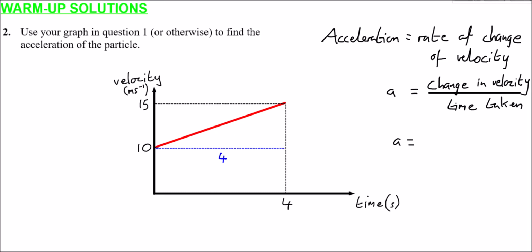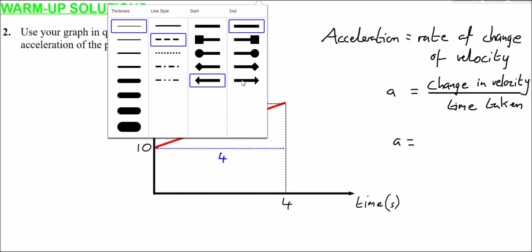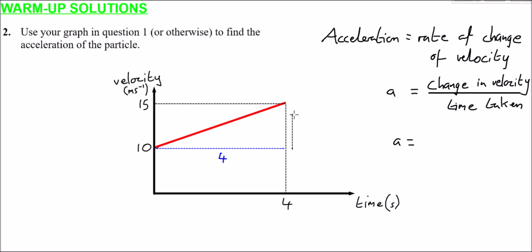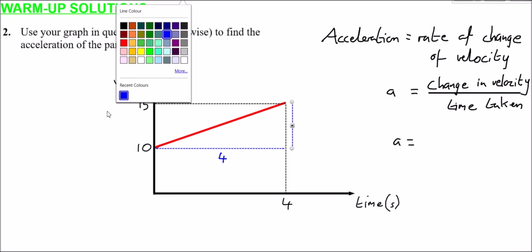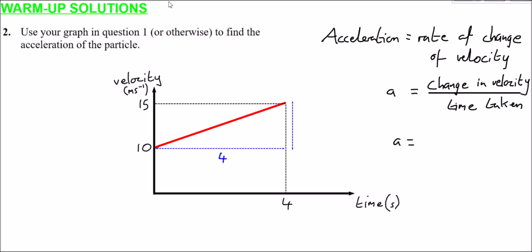And likewise, in terms of the change in velocity, how far this line's gone up, it started at 10, it's gone up to 15, so this change here is 5. So we can now input this into our formula for acceleration. The change in velocity is 5 meters per second.